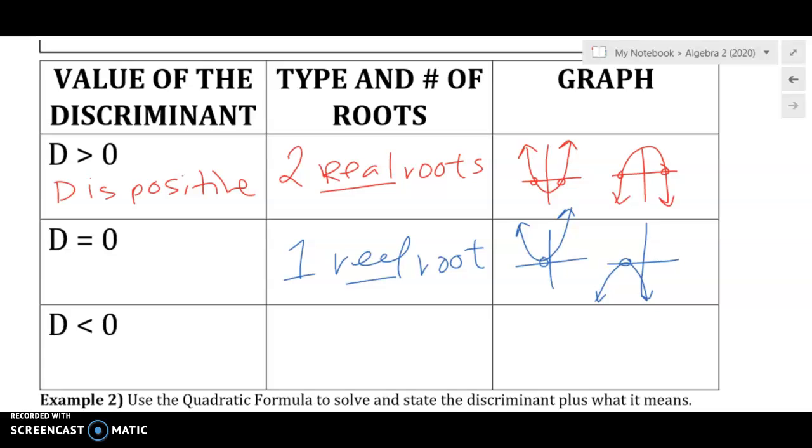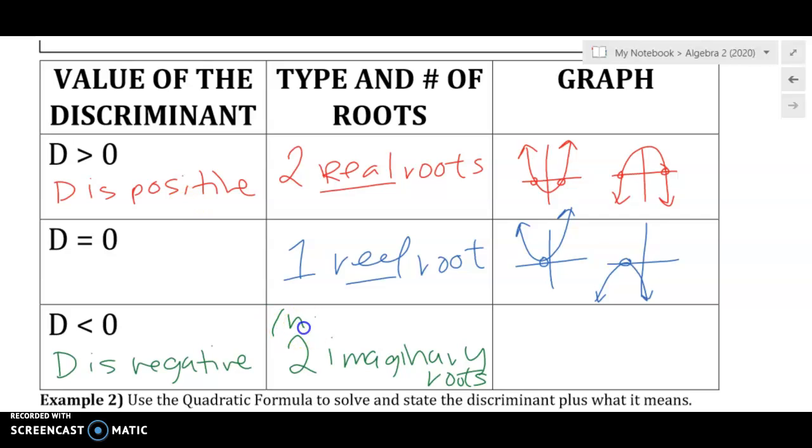The last one is d is less than 0. So that's if d is negative. If d is negative, that means you're going to have 2 imaginary roots.